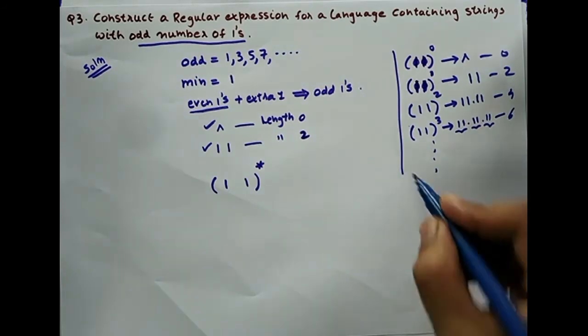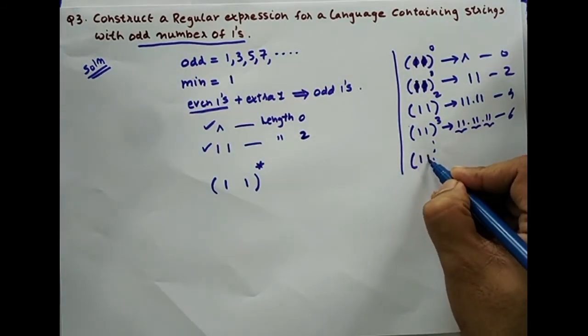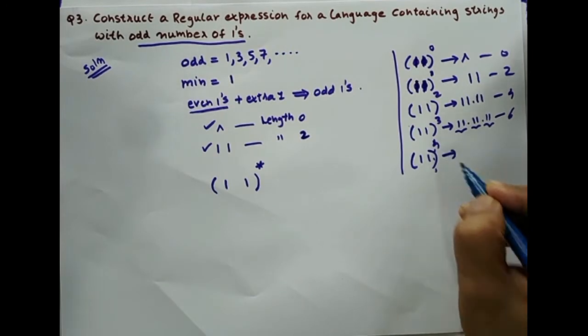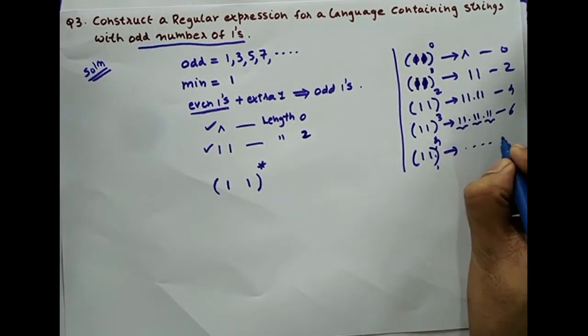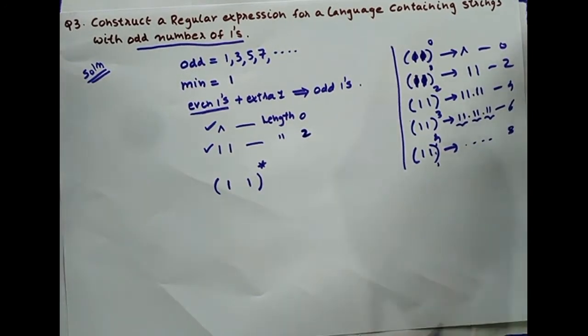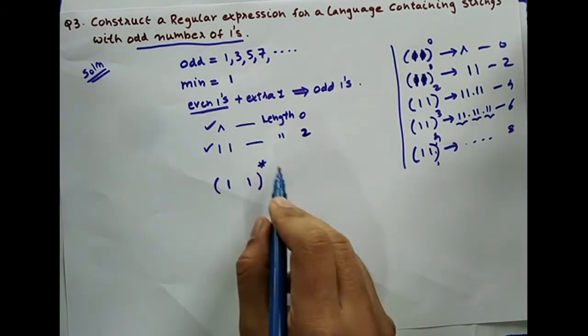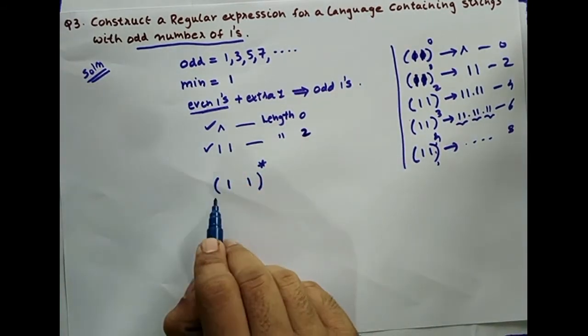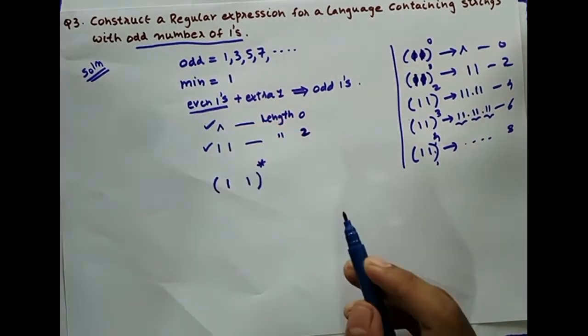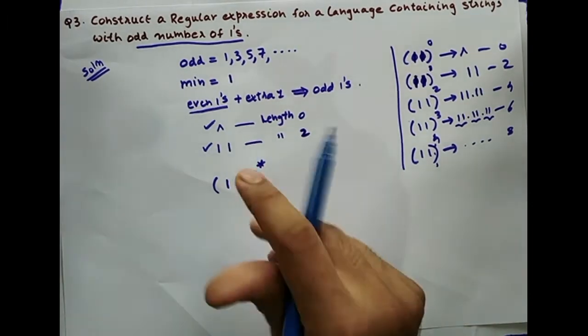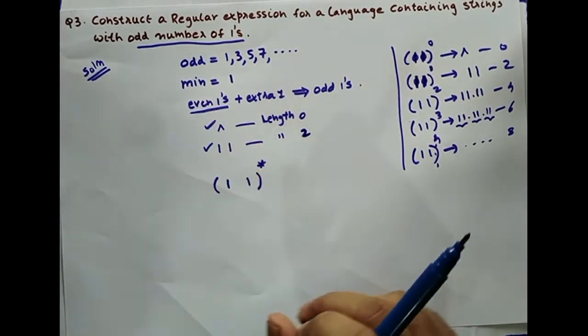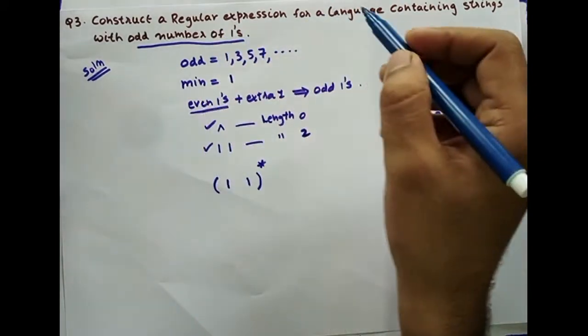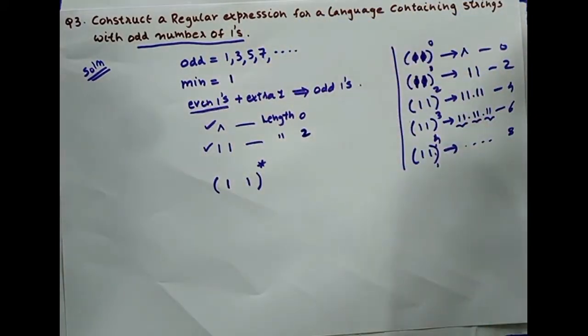You can check. Similarly, when 1 1 is repeated 4 number of times, you are bound to get the string of length 8 and so on. So in general, this is a regular expression for giving you even number of ones. But for this regular expression, please note that it is the language of zeros and ones.